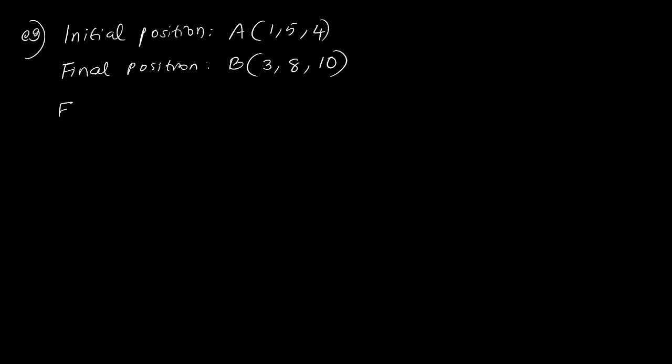The question is, find vector AB. I mean, east direction how much, south direction how much, height how much individually, in IJK format. Also I want the magnitude of the displacement.